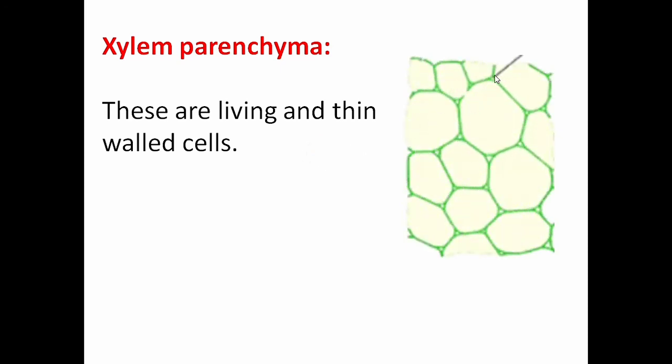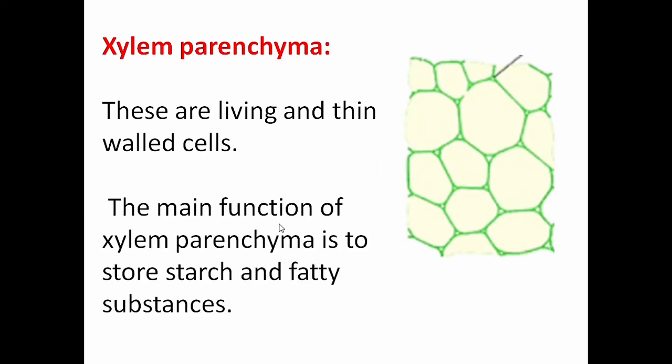The cell wall is thin inside the cytoplasm. A large cytoplasm is present. It is the only living cell inside xylem. Its function is to store starch and fatty substances. The main function of xylem parenchyma is to store starch and fatty substances.